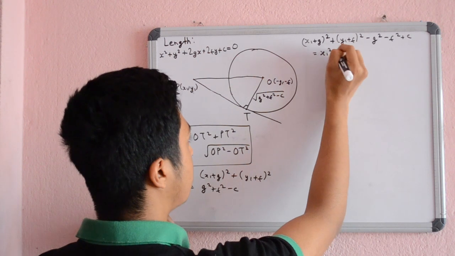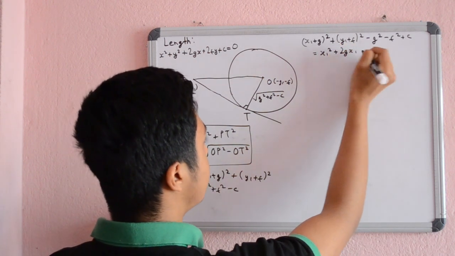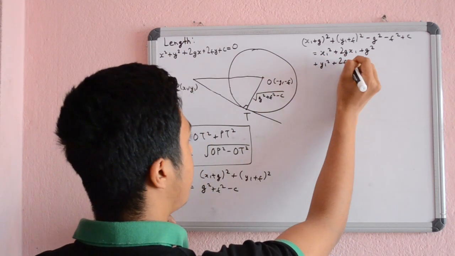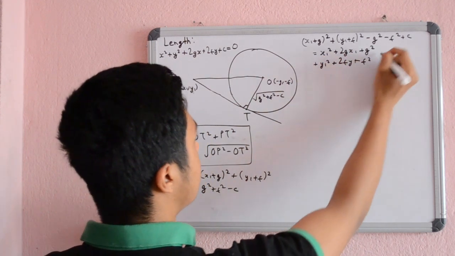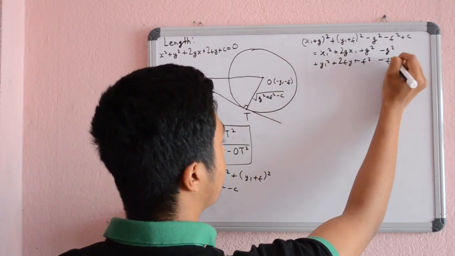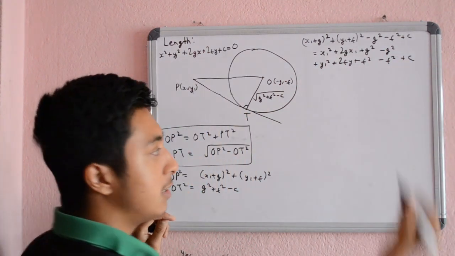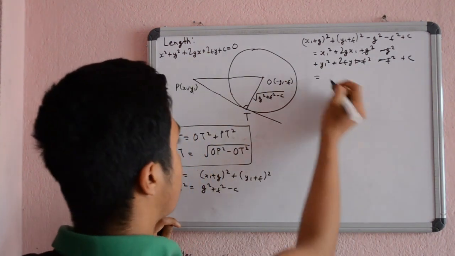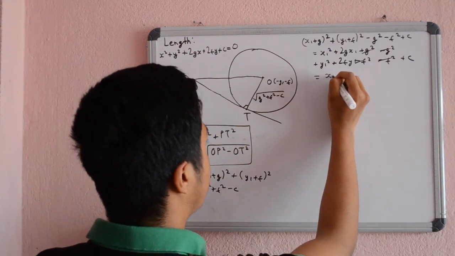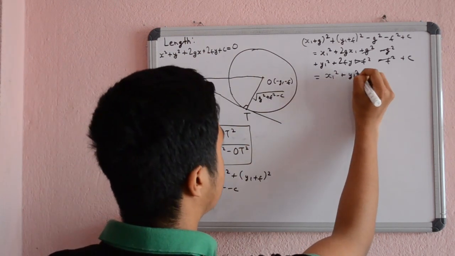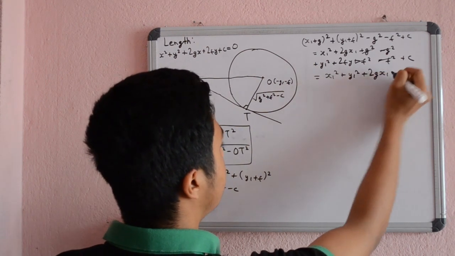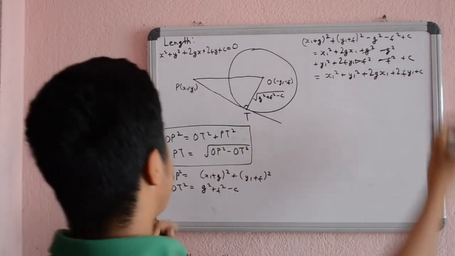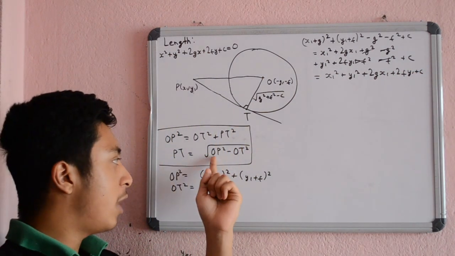So we'll have x1 square plus 2gx1 plus g square plus y1 square plus 2fy1 plus f square minus g square minus f square plus c. And this, then that will cancel, this and that will cancel. And over here you'll have x1 whole square plus y1 whole square plus 2gx1 plus 2fy1 plus c. And that is the value of OP square minus OT square.